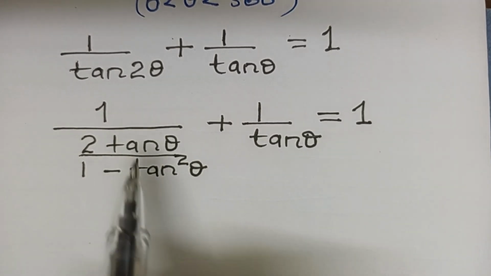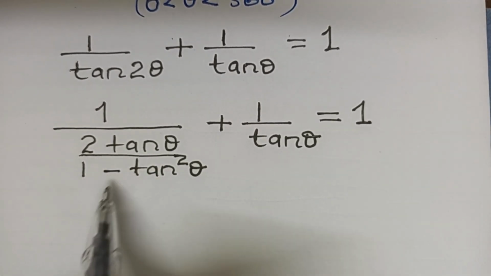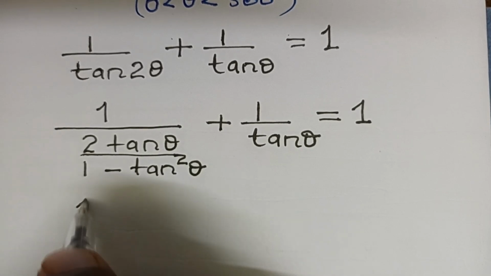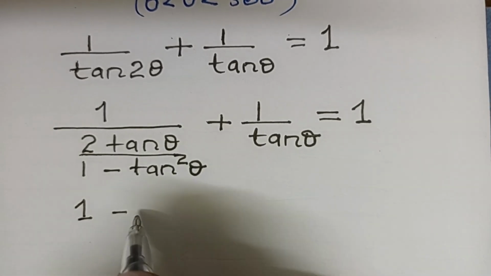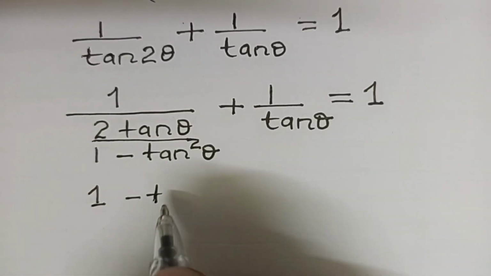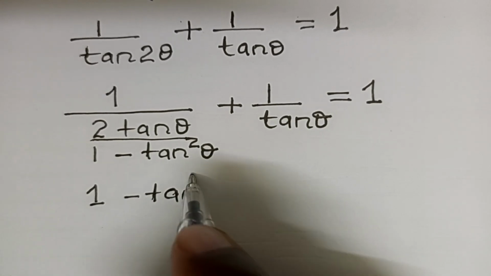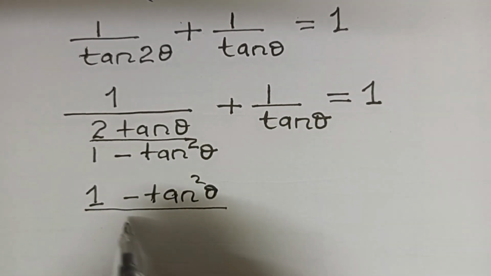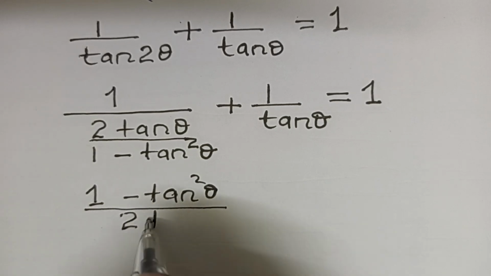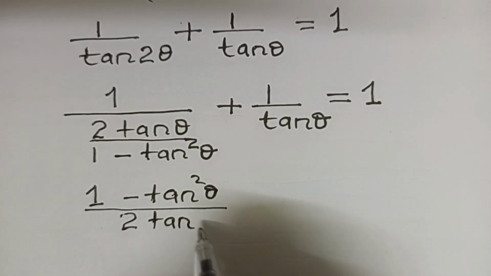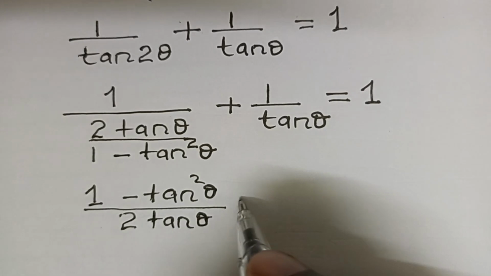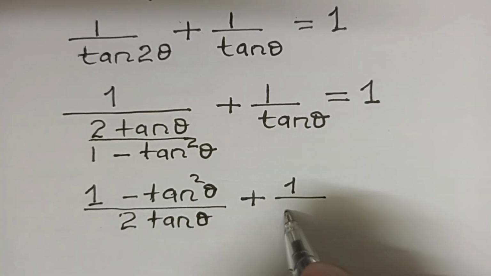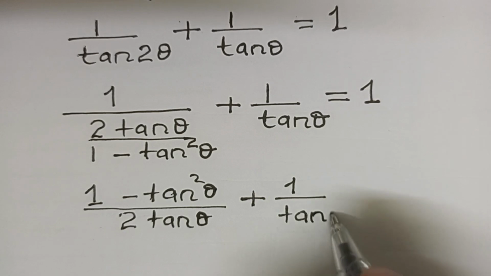From there guys, I can now put this term on the upper side. And so therefore guys, we shall have 1 minus tan squared theta all over 2 tan theta, now plus 1 over tan theta.